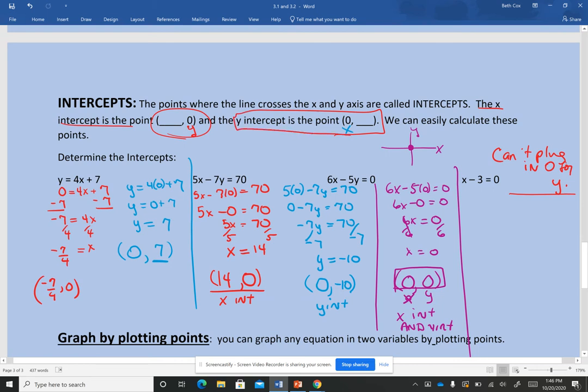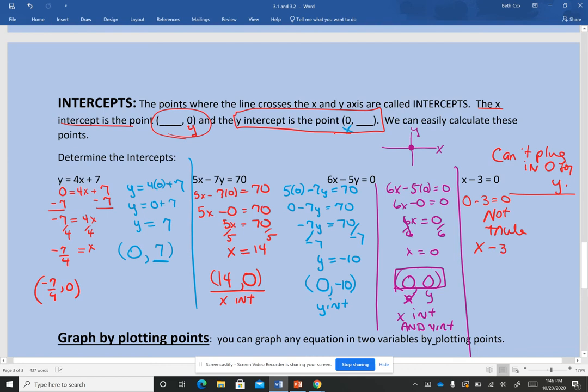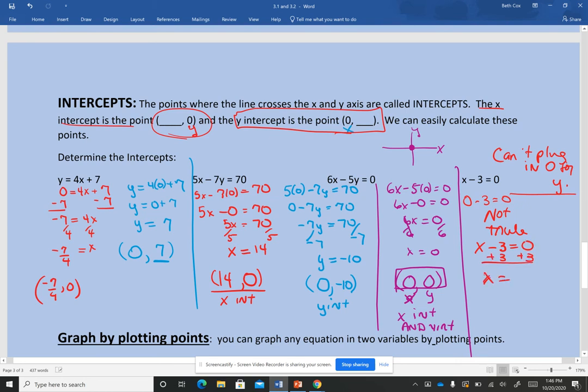We'll do the y-intercept. I can plug in 0 for x. And that's not true. Okay, I can solve it for x. I get x equals 3. If x is 3, then y can be 0.